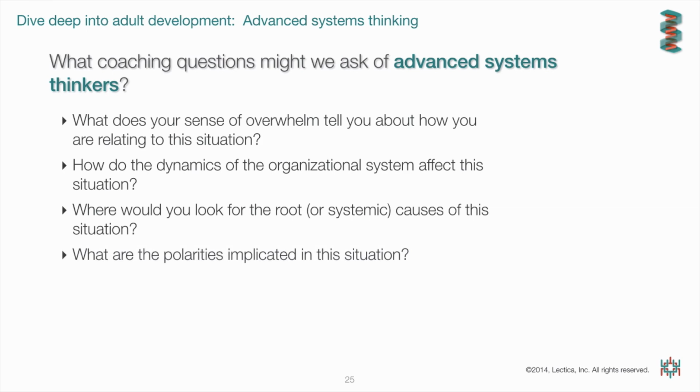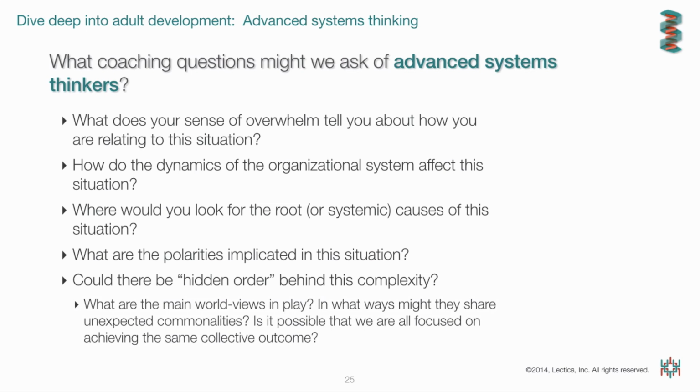What are the polarities implicated in this situation? Could there be a hidden order behind this complexity? Including, what are the main worldviews in play? In what ways might they share unexpected commonalities? Is it possible that we're all focused on achieving the same collective outcome?